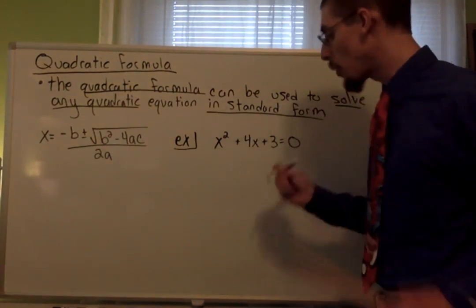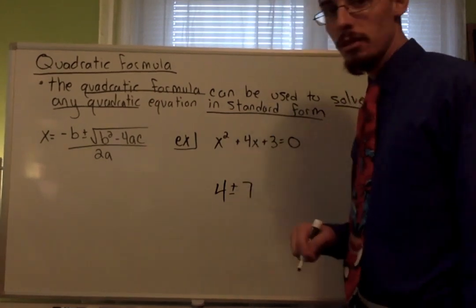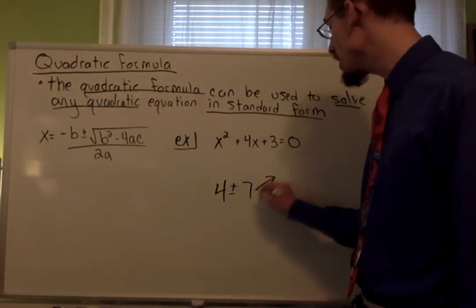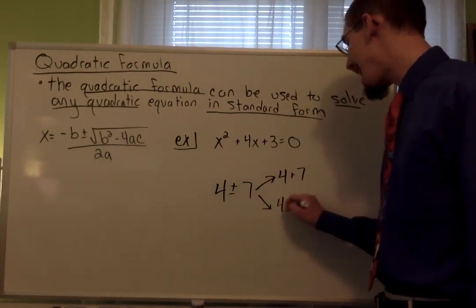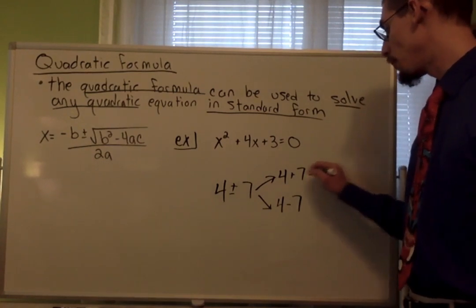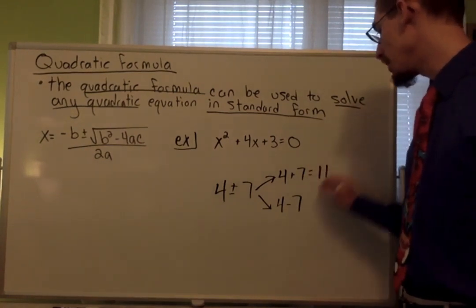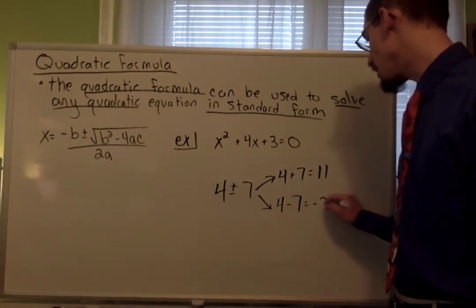So I can just show you real quick. Like, let's say I had 4 plus minus 7. What that would technically mean is to do both 4 plus 7 and 4 minus 7. So, 4 plus 7 is 11. 4 minus 7 would be negative 3.